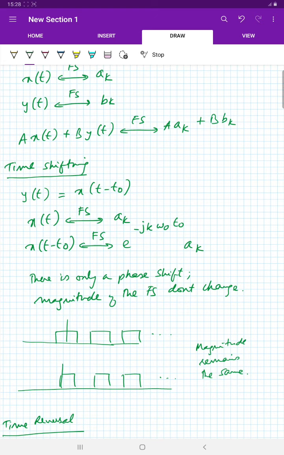So time shifting does not lead to a change in magnitude, it only results in a change in phase. That is the time shifting property.